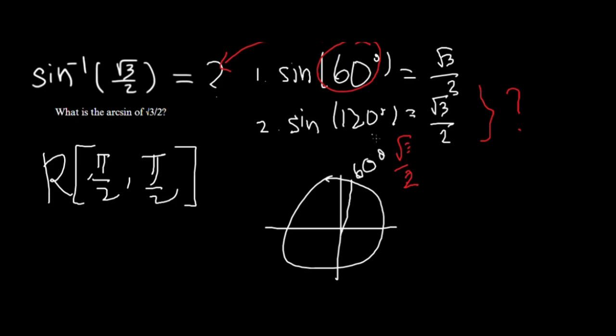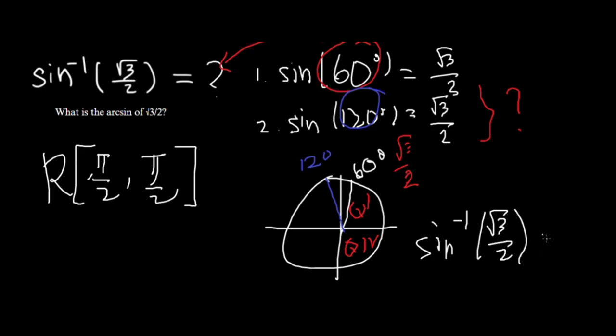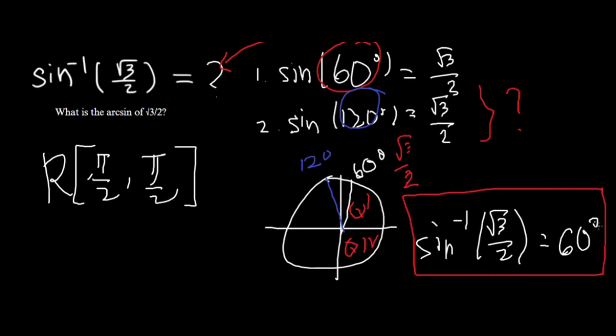Yung 120 degrees naman ay nag-exist right here at quadrant 2. Wala siya sa range natin. Therefore, ang sagot sa question na ito ay 60 degrees. That's the final answer.